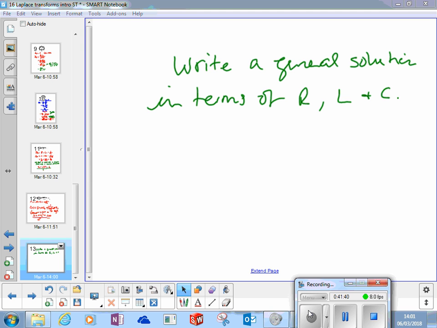So we got an answer for the total impedance in S space for an RLC circuit in terms of the resistor value, the inductor value, and the capacitor value. How do we go about it for RLC then? What's the process?